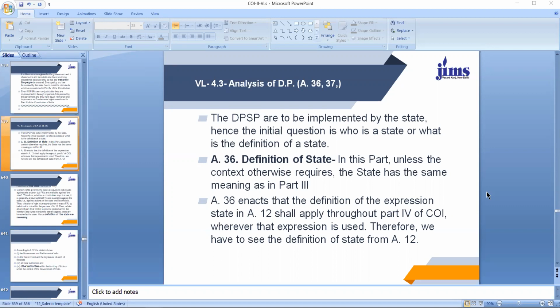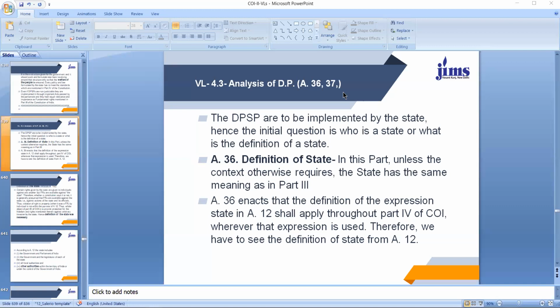Article 36 of our Constitution gives you the definition of state, and it says that in this part, meaning Part 4, dealing with directive principles, unless the context otherwise requires, the state has the same meaning as in Part 3.